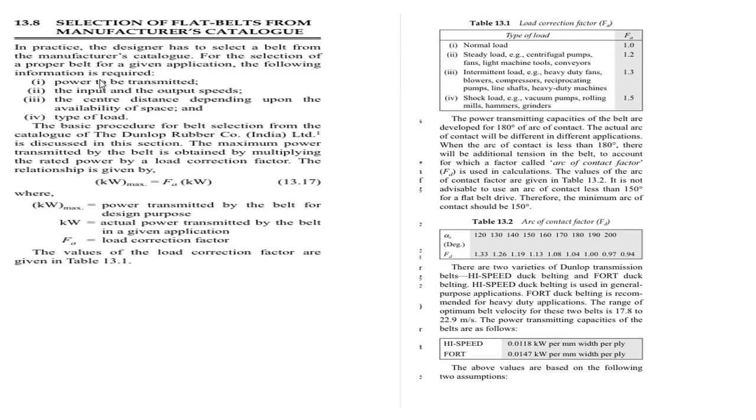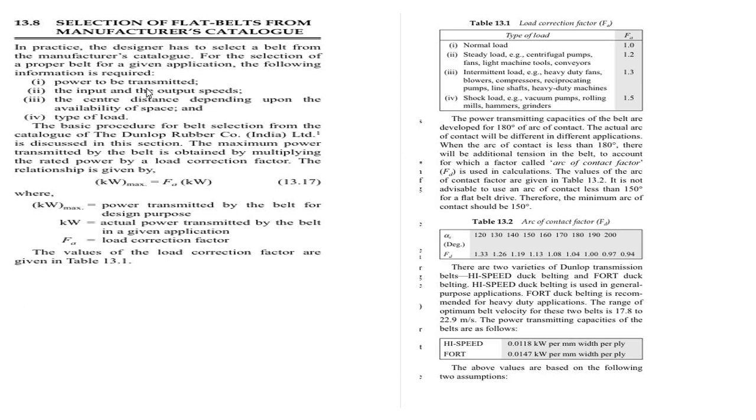For the selection of a proper belt for the given application, we should know the following requirements. Power to be transmitted: how much power is going to be transmitted from one location to another matters while selecting a belt. If we select a belt which has less power carrying capacity, it affects its selection as well as its service life.